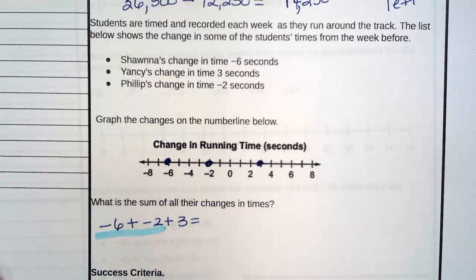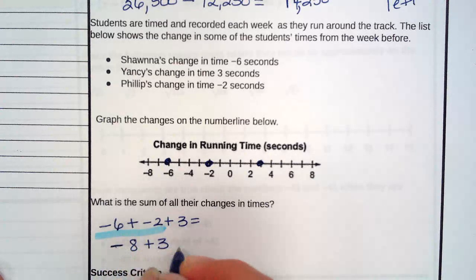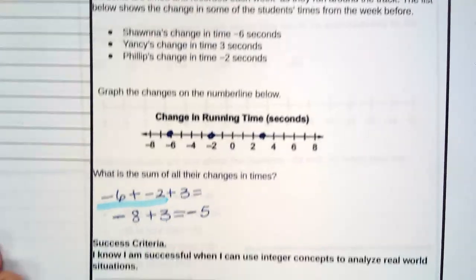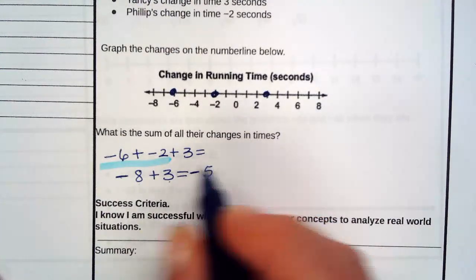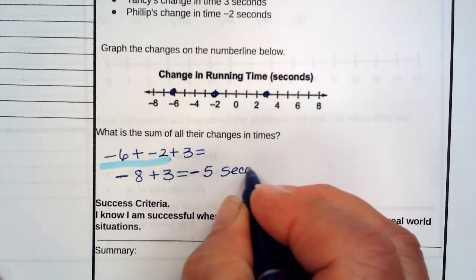So negative 6 plus negative 2. They're both negatives, so combine them with addition. 6 plus 2 is 8. Negative 8 plus 3. This time they're opposite signs, so when I add, I actually find their difference. The difference between 8 and 3 is 5. 8 is negative, so my 5 will become negative. So the sum of all their changes was negative 5 seconds.